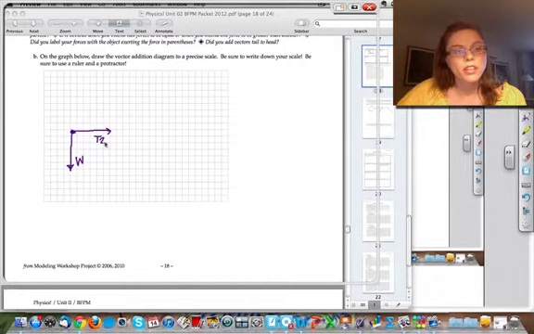We have T2, and our weight is 1, 2, 3, 4, 5, 6, 7 squares down. So we're going to go 7 squares up because we have to make it cancel out. And then T1, see T2 goes over 1, 2, 3, 4, 5, 6. So I'm going to make T1 go over 6.